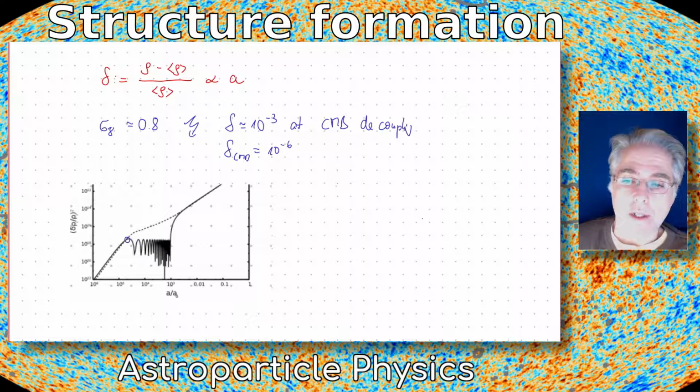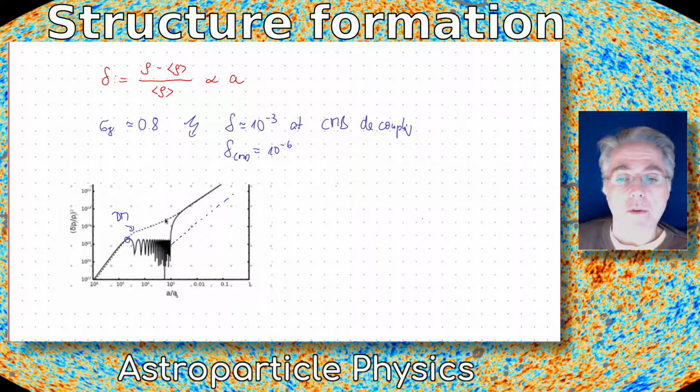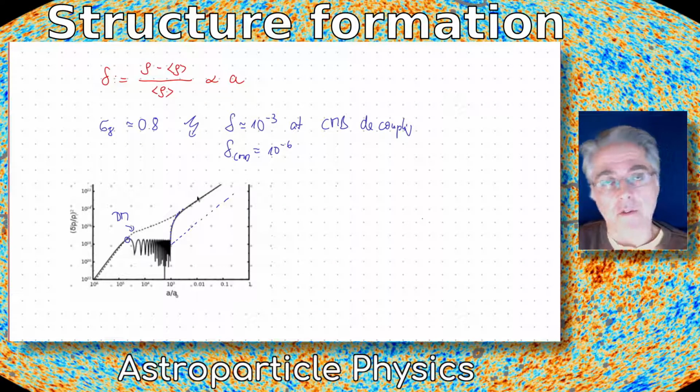And in principle, this line would then continue to go like this if you just have no other form of matter present. But if you have, in this case, dark matter around, which doesn't oscillate, it will continue to grow structures. And then at the time of the decoupling, the baryonic matter falls into the gravitational potentials that are formed already by the dark matter population.